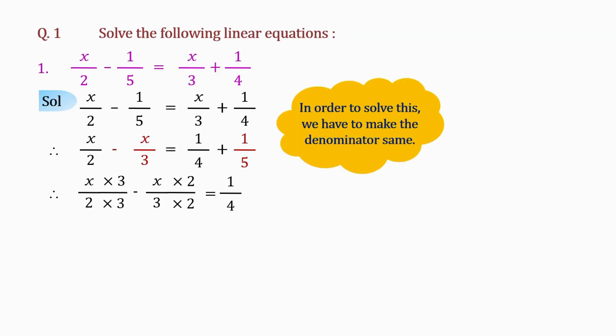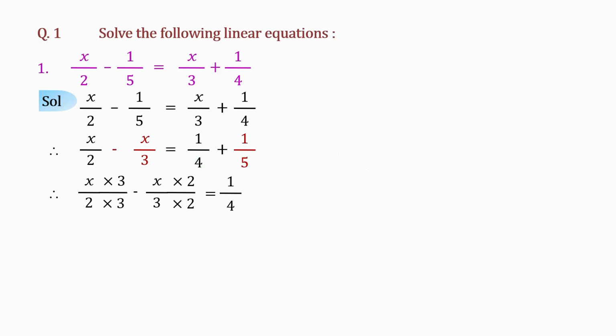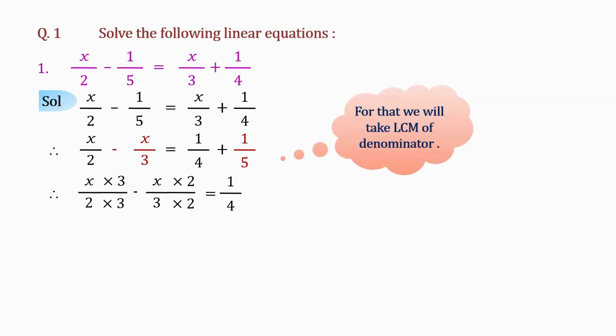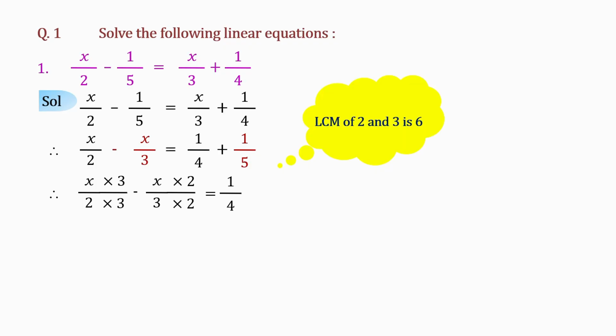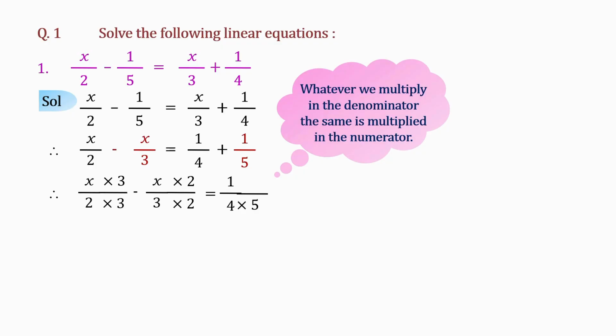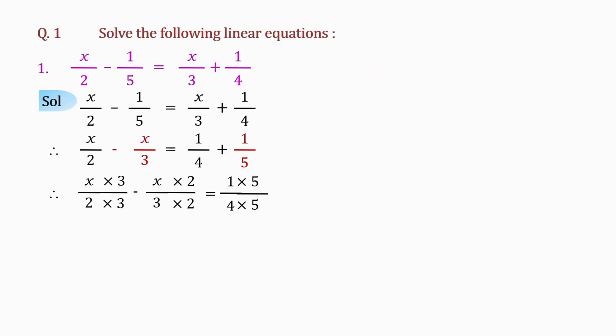Now here also, in order to solve this, we have to make the denominators the same. So for 4 and 5, the LCM will be 20. So we are going to multiply 5 in the denominator as well as 5 on the numerator. And in this case, though the LCM here is written wrong, it should be 20.